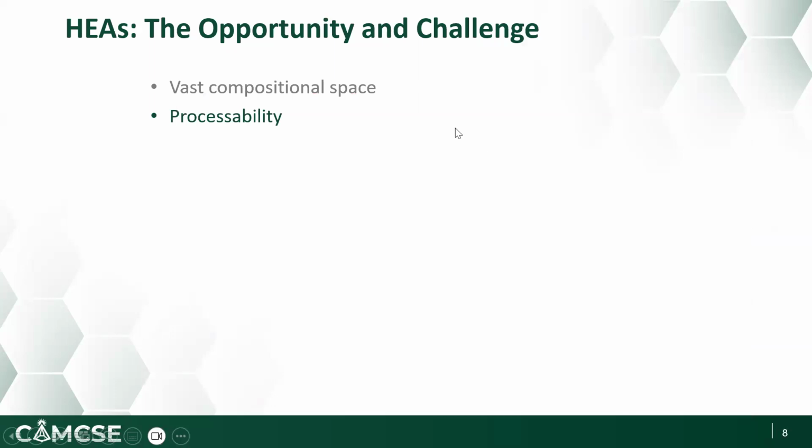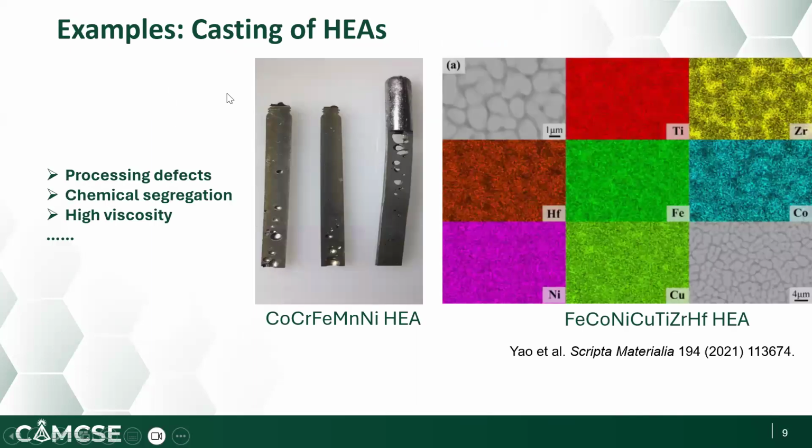It is great that high entropy alloys give us a great opportunity for new material design in the enormous compositional space. But in the meantime, it also brings grand challenges in processing these new materials by conventional manufacturing approaches. For example, if you do casting of high entropy alloys, you often end up with a lot of processing defects, such as the casting pores on the left side.